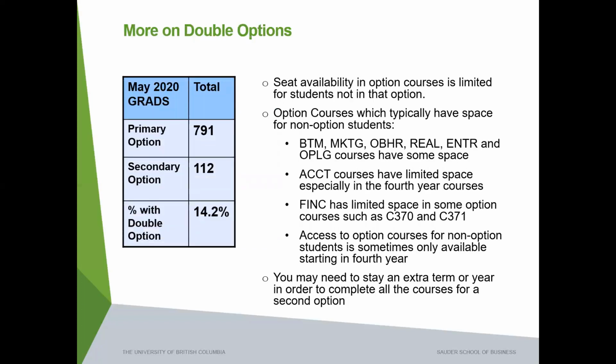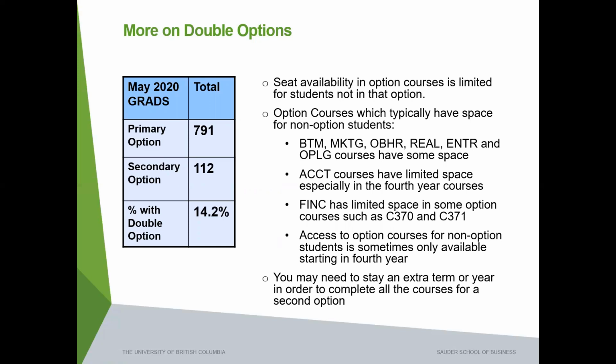So if you're wanting to do a double option, you just need to be aware that there's limited seats in some of the option courses to be able to actually complete a second option. The options that are typically done as a second option are BTM, marketing, OBHR, real estate, entrepreneurship, and OPLOG, because they all have extra seats that are typically available for non-option students.